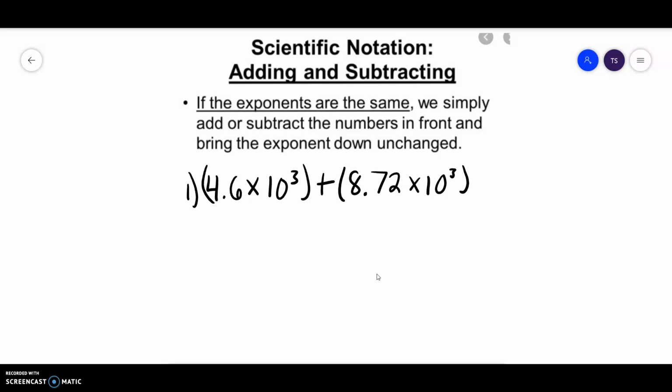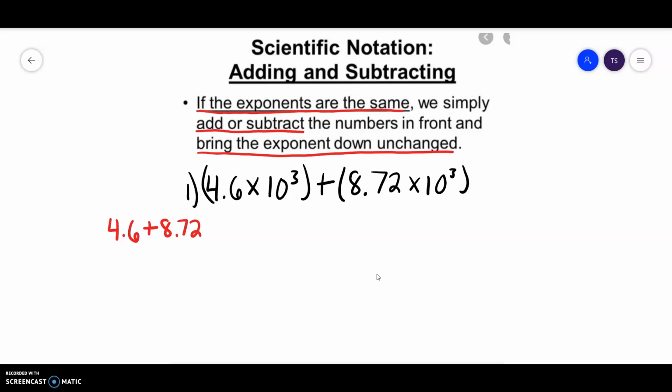So if the exponents are the same, it's this underlined part right here. If the exponents are the same, we simply add or subtract the numbers in front and bring the exponent down unchanged. So what I mean by this is we have 4.6 plus 8.72.